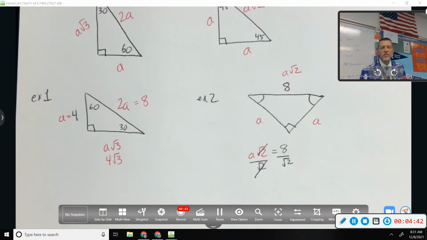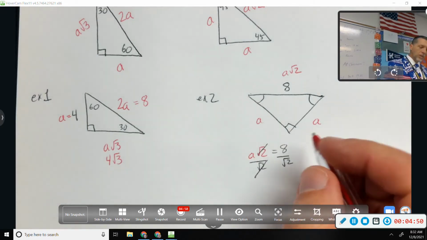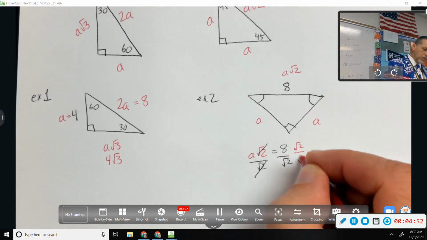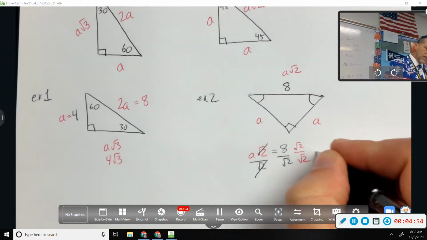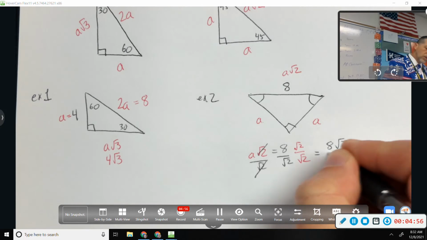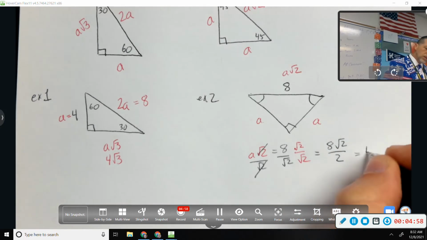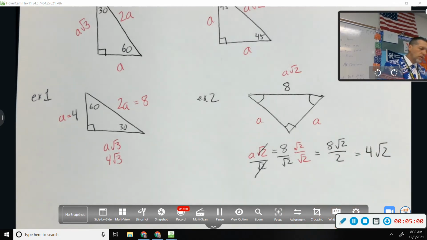So a equals 8 over square root of 2. Multiply top and bottom by square root of 2 to fix that. So 8 square root of 2 over 2, which is 4 square root of 2.